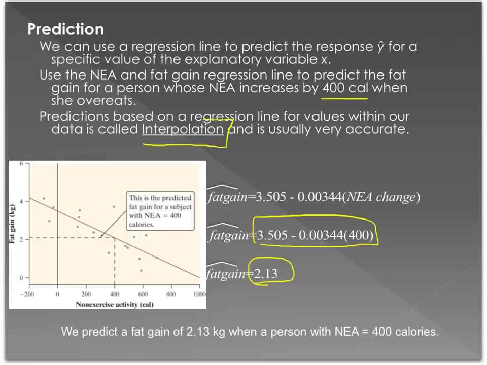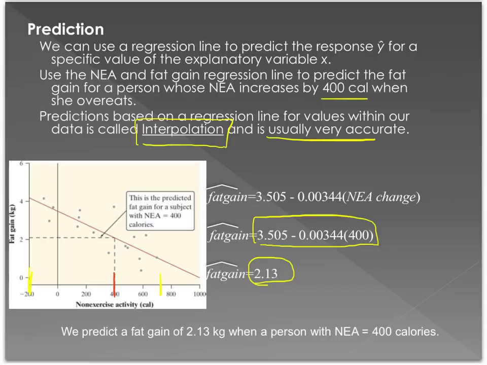Very important to understand that when you use it to predict for values that come within our data set, these tend to be very, very accurate. If you notice, we collected data from negative 200 up until about 700 or so. And because our prediction came within that range, this will be very, very accurate.